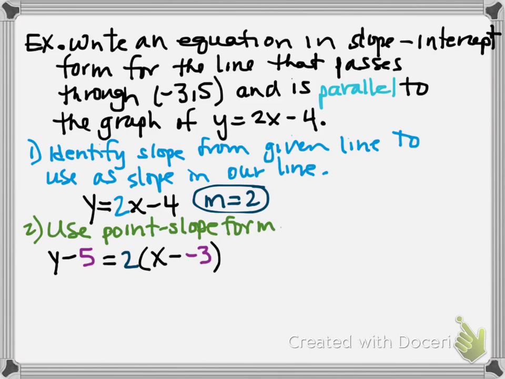Now, notice inside the parentheses I have a double negative, so I'm going to make it a big old plus. But that's not the form they wanted. So what am I going to do at this point? Okay, yeah, we're just going to generically say solve into slope-intercept form.